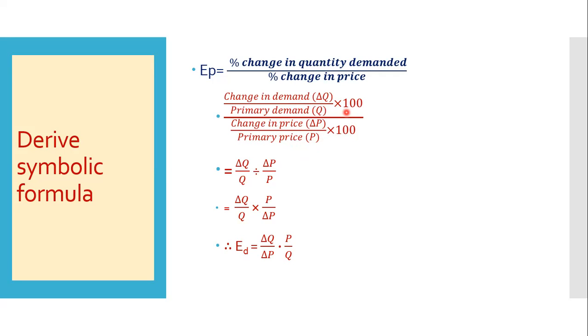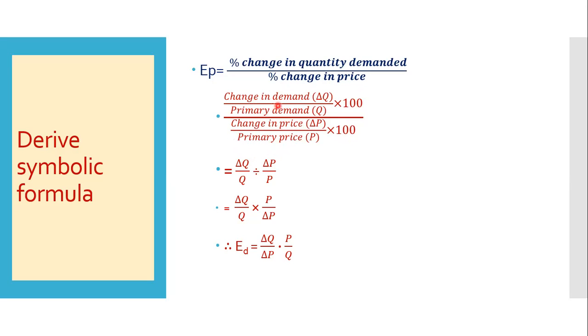By multiplying by 100, we have got the percentage change in quantity demanded and percentage change in price. Ultimately this 100 will cancel out, and only this remains.